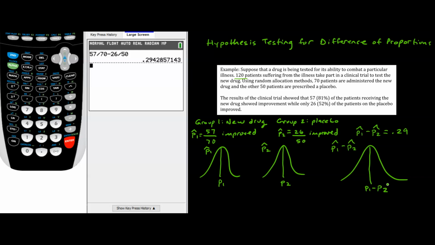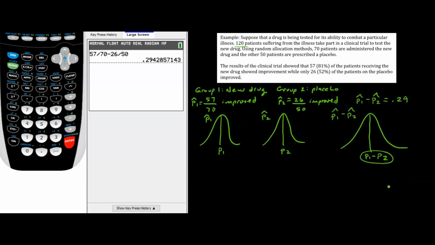And this is ultimately why we end up using this new distribution, because this mean is going to allow us to do some hypothesis testing and ultimately compare the true population proportion in group 1 that would be improving to the true population proportion in group 2 that would be improving. Okay, so let me scroll down and then set up our hypotheses here.